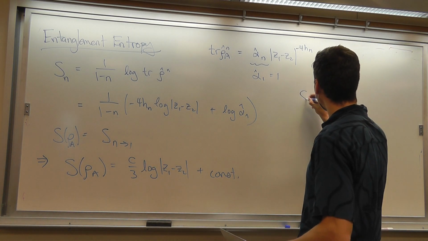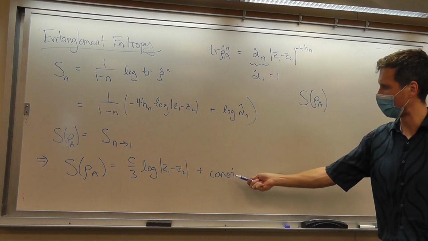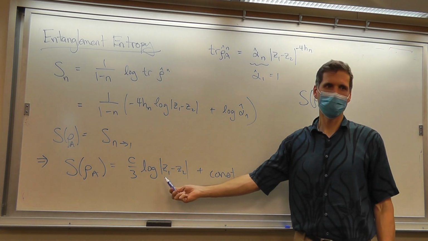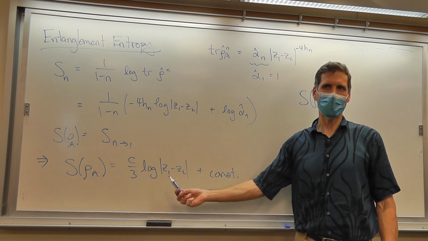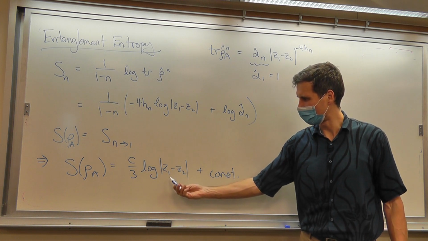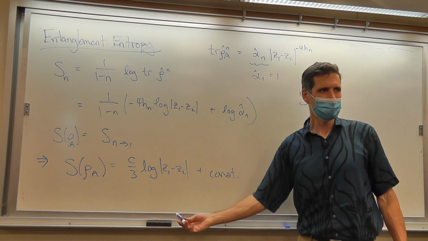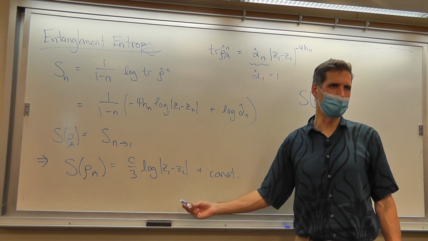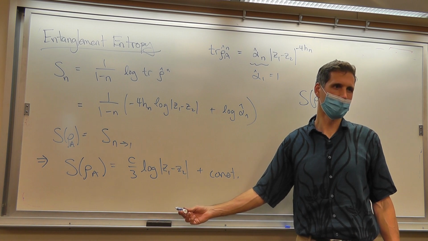Now, the way we always write this is by absorbing the constant into the log. Just by dimensional analysis, logs need to have dimensionless arguments, so there has to be a UV cutoff showing up here. It's a conformal field theory. There are no dimensionful scales except the UV cutoff.